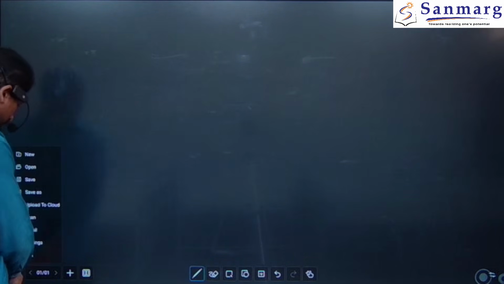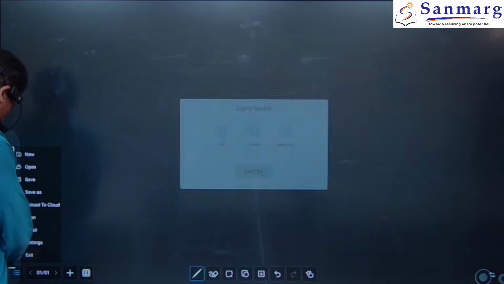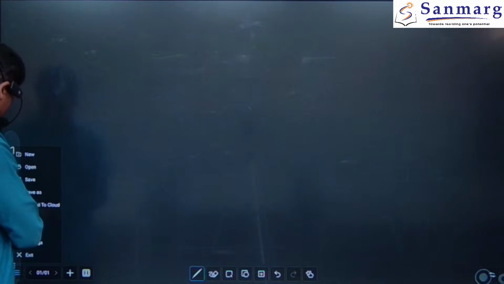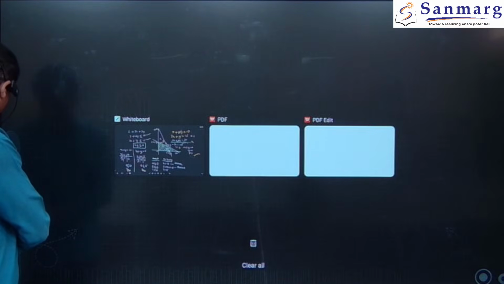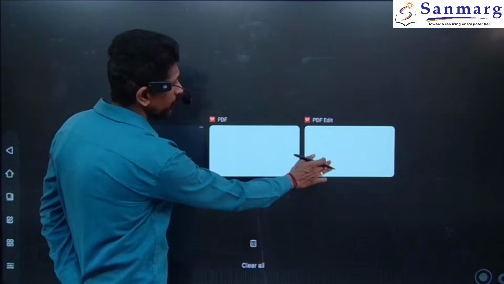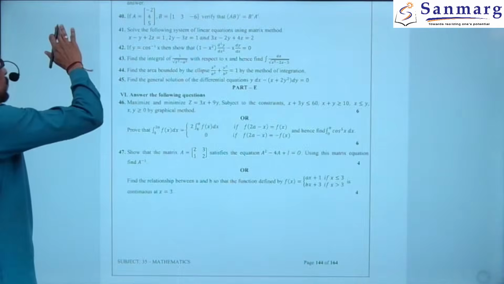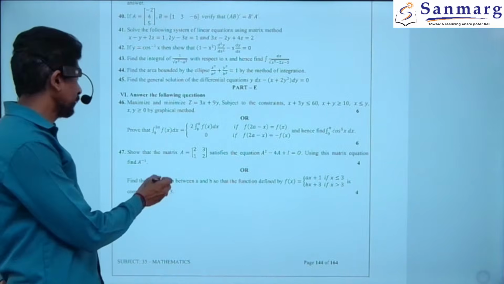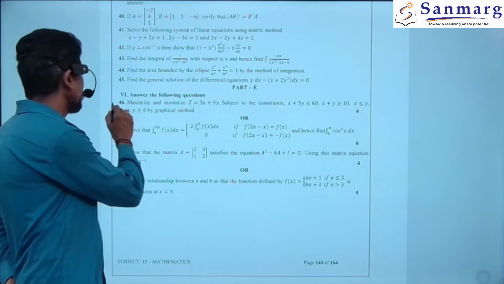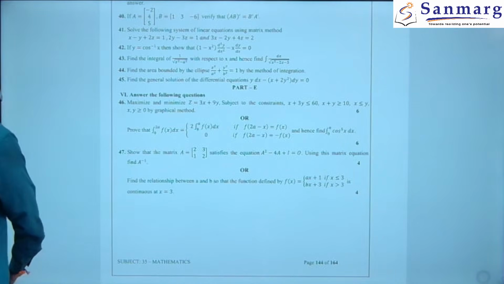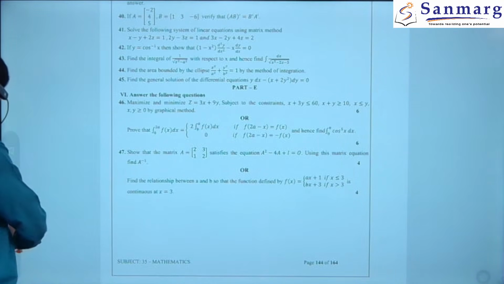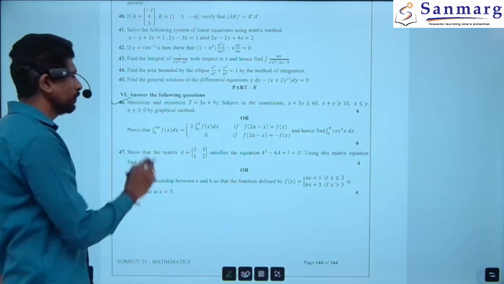The next part is the 4 marks form. In the 4 marks, what happens? One question, the 46th is the main point. 46 is clear now.